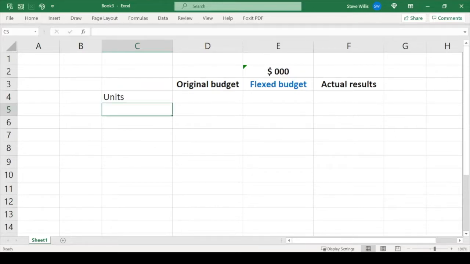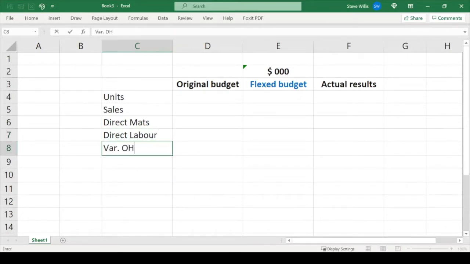Then we'll create a P&L. Top line of the P&L will be my sales, my revenue, from which I'll subtract my direct materials and my direct labor and my variable overheads.